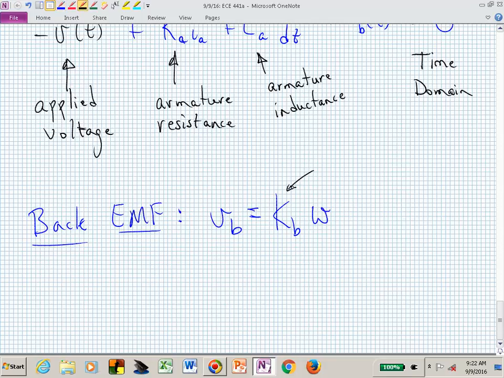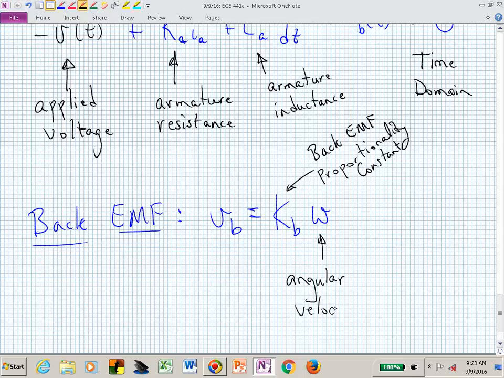This K sub B is the back EMF proportionality constant. And omega is the angular velocity of the rotor shaft of the motor.